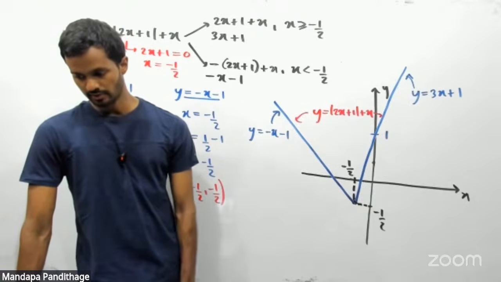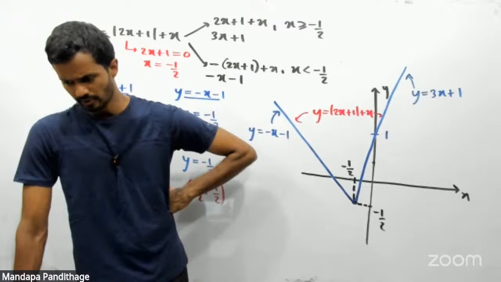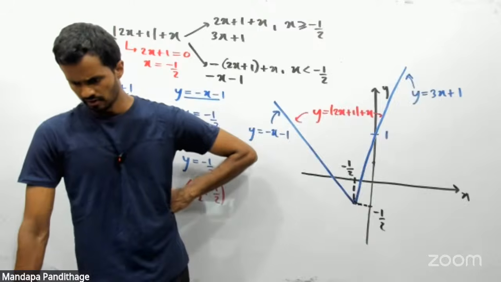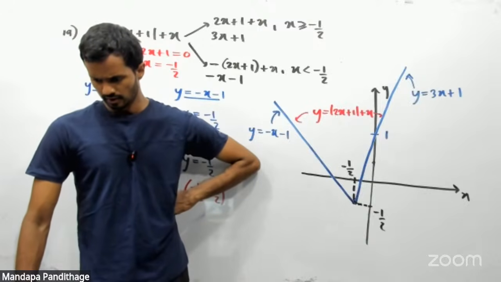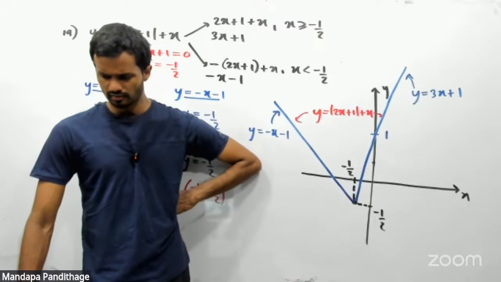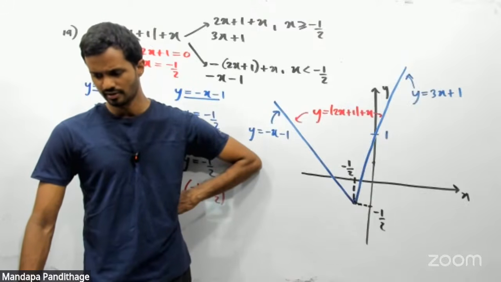So was there any A-level question that was given on modulus inequality where you had to draw the positive portion of one graph? Draw the positive portion on one graph and the negative portion.